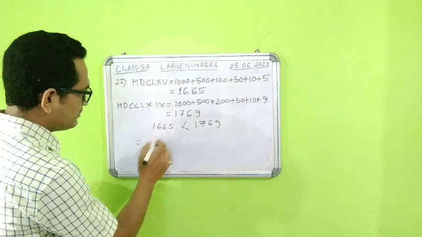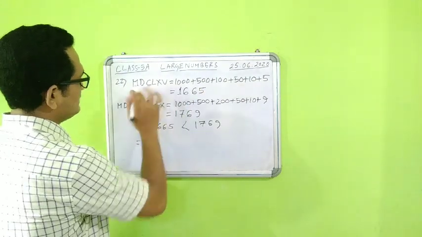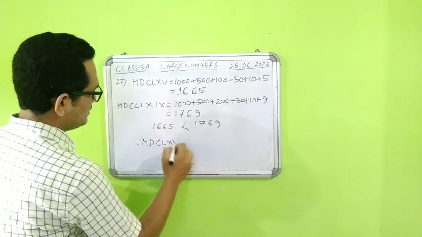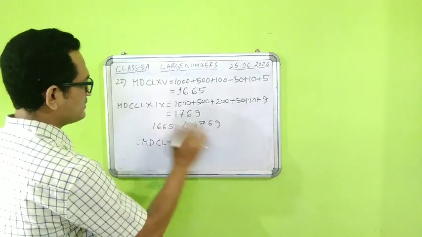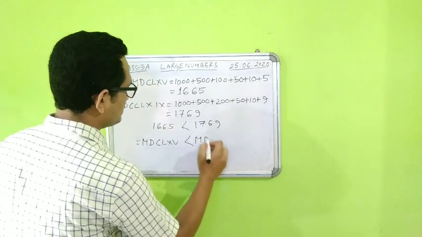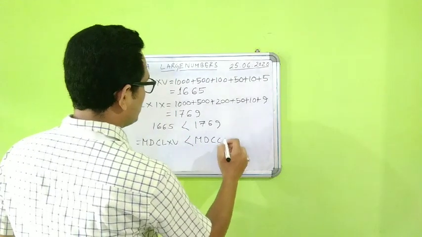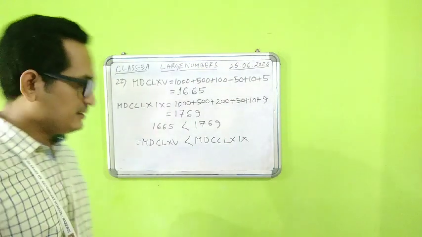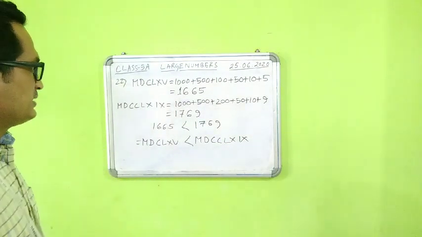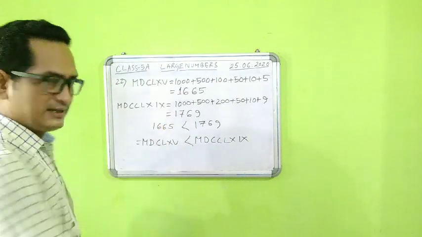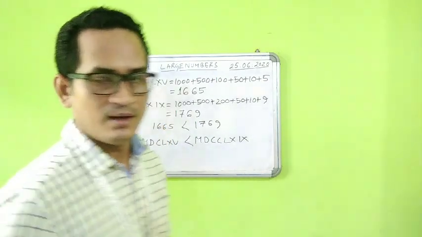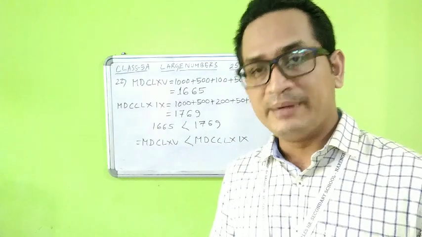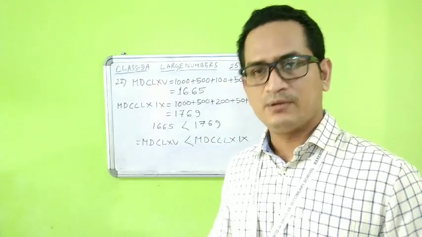So 1665, standing for MDCLXV, will be smaller than 1769, that means MDCCLXIX. So we can see that the second number, MDCCLXIX, is greater than the first one, and you will come to know that, students, when you break them into Hindu Arabic, as I have done.